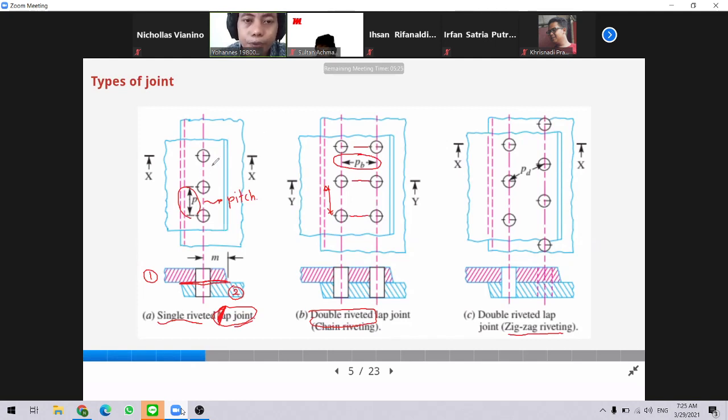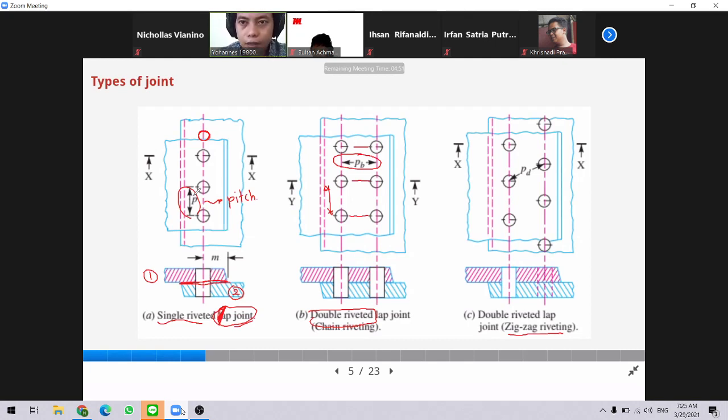Because if we put the rivets too close to each other, it can create failure between the rivets. So it has a minimum distance, and this minimum distance must follow the standard. Later we will understand why this distance is very important.